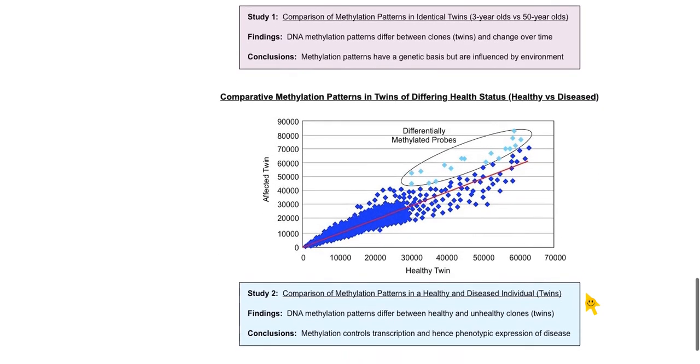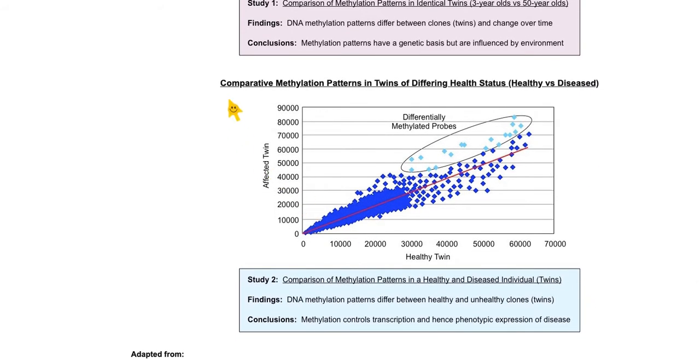Here we see another study that was done, a comparative methylation pattern in twins of differing health status, healthy versus diseased. So here you see an affected twin on the y-axis and a healthy twin on the x-axis. And here you see differentially methylated probes.